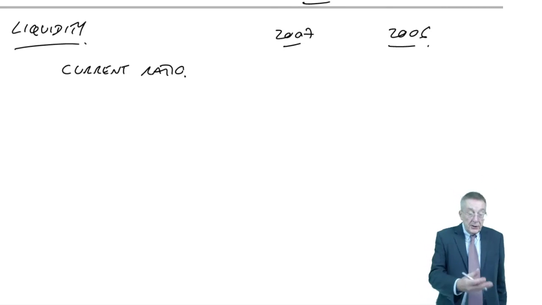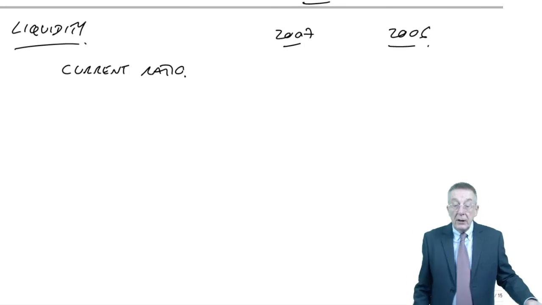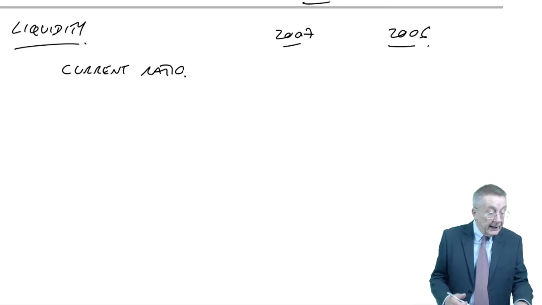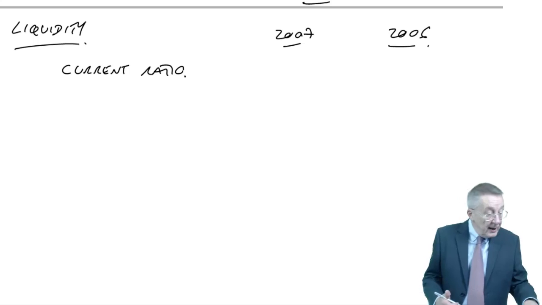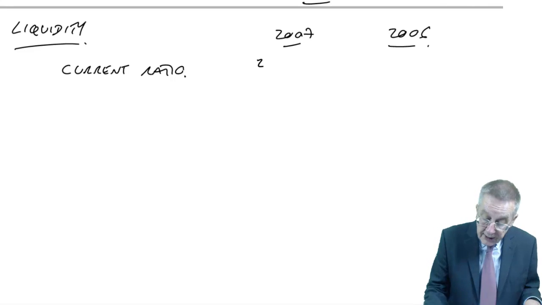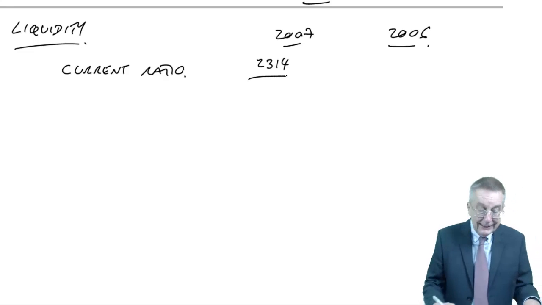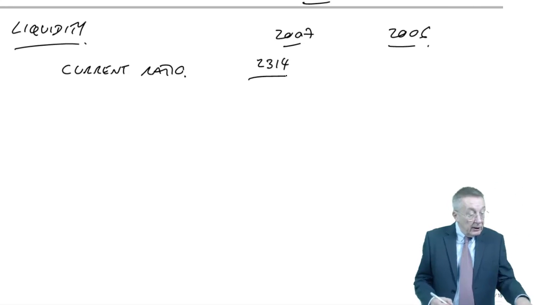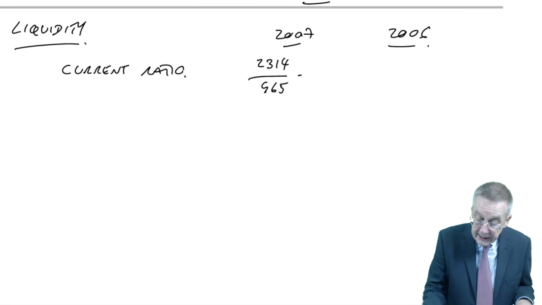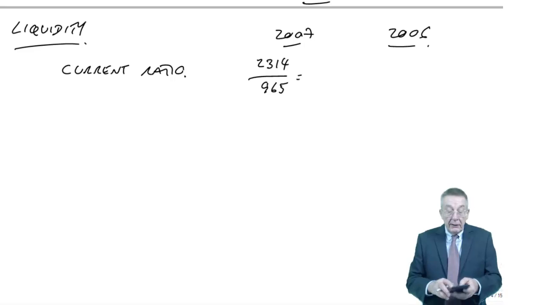And the current ratio, as you've got in front of you, is current assets over current liabilities. So let's check from those statements. The current assets, inventory, receivables, cash at 2314. The current liabilities are 965.